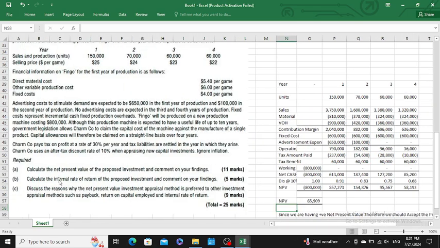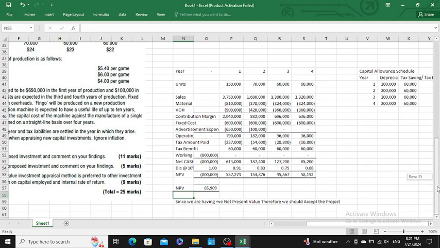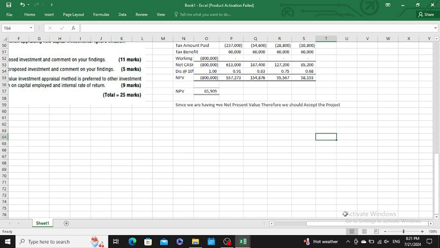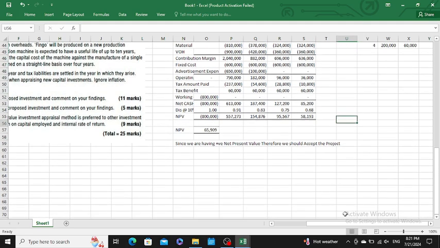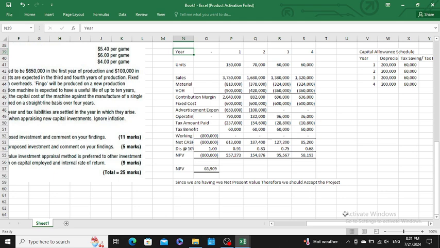Sir, we have to calculate the internal rate of return. So for the internal rate, I would like to draw the data over here.